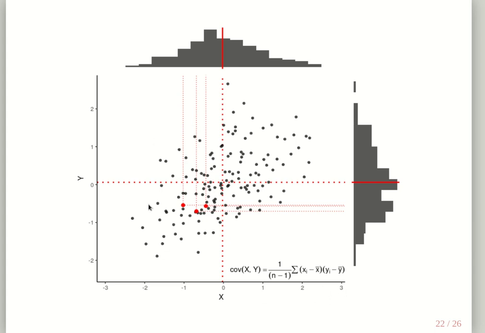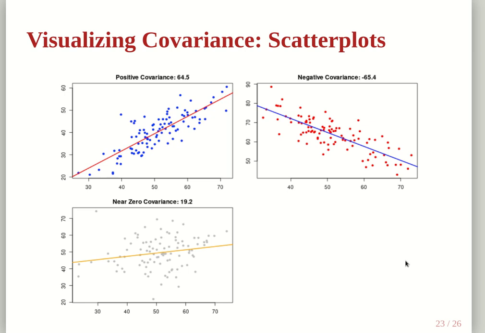And a covariance of 0 would simply correspond to a case where we have most dots located across just a flat space. So there is not a concrete pattern where as one variable increases, the other also seems to increase or decrease along with it. But again, we are still left with the problem of the lack of a scale. So here we have 3 arbitrary examples. In here I have clearly a positive association between my 2 variables.